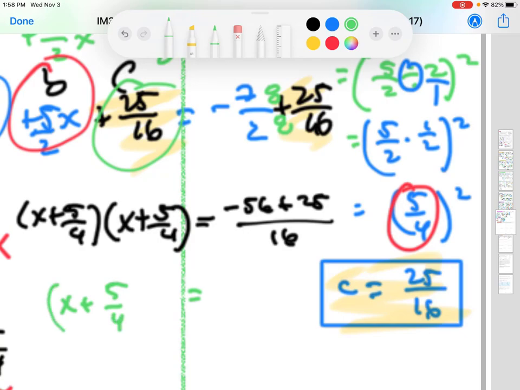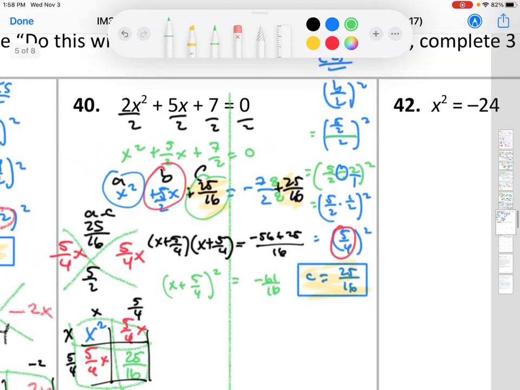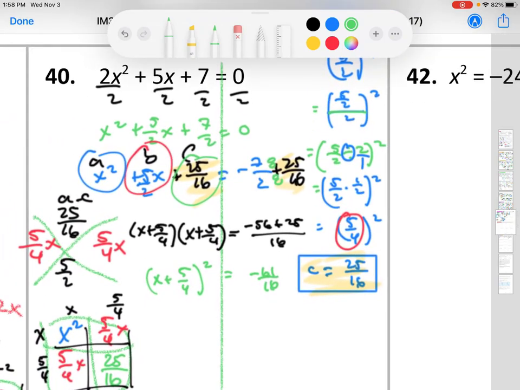You have 2 of these. That'll give you negative 61 over 16. No, not negative 61, negative 31.